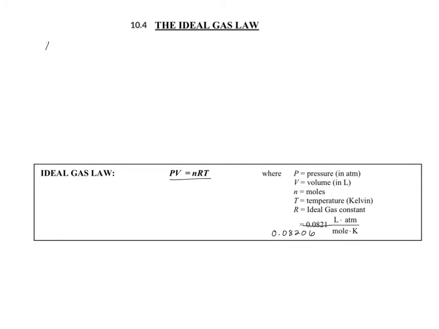So Boyle's law, we had that the volume and the pressure were inversely proportional. So there's a way to kind of write that. I'm going to write it from the perspective of volume. So volume is inversely proportional. So there's a symbol for proportions, and that's this symbol here.